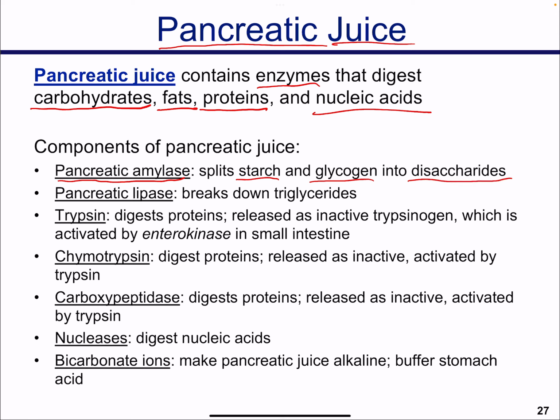Now, let me remind you of the fact that glycogen is obtained from animal source of food. For instance, eating a steak, right? Eating an egg, okay? To name only those.